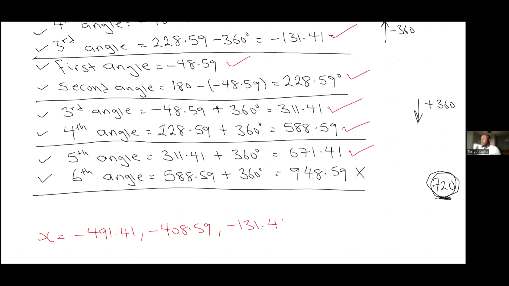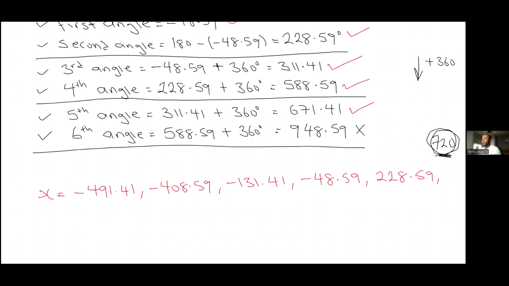The next one was minus 48.59. The next one was 228.59. Okay. The next one was 311.41. The next one was 588.59. And the next one is 671.41. And that is the last one. The other one is not part of it.